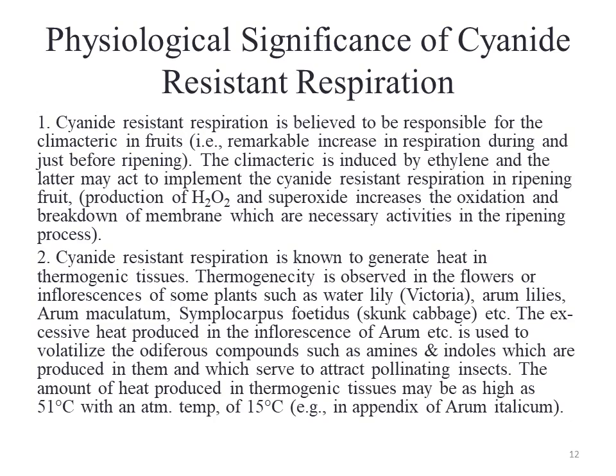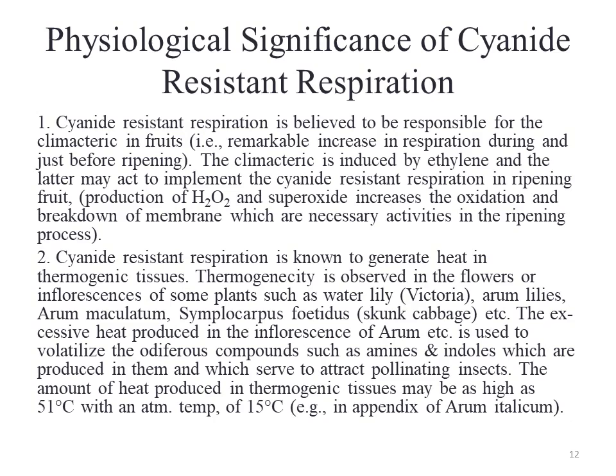As you can see here, the excessive heat production in the inflorescence is used to volatilize the odoriferous compounds, which produce the odor or smell that makes the inflorescence or flower attractive to insects or pollinators. Amines and indoles are examples which produce odor or smell, and they serve to attract the pollinating insects.